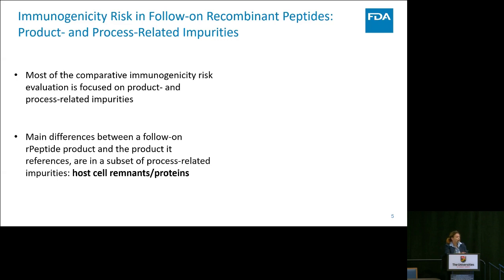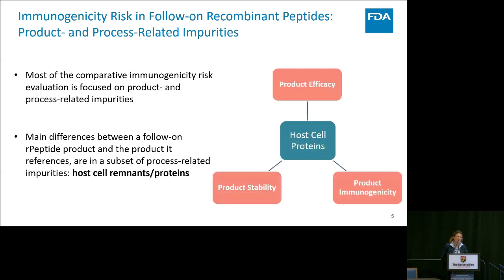And these residual host cell proteins are considered a critical quality attribute in the manufacturing of biotherapeutics, including peptide products. Why is that? Because we know that they can critically affect product efficacy and safety in multiple ways.